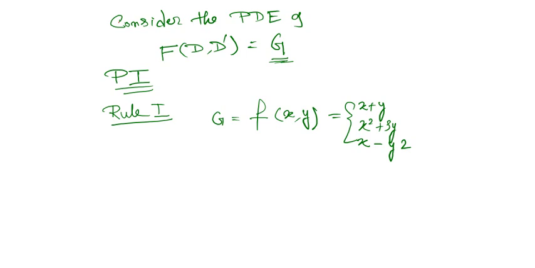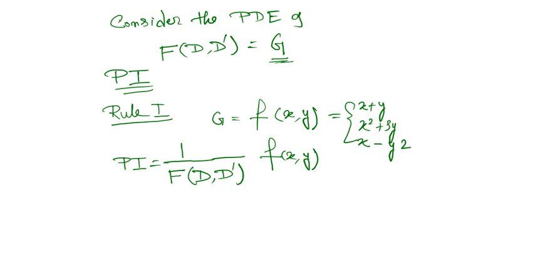So whenever this kind of expression appears on the right hand side, then the common rule is you have to write your PI as 1 by whatever the equation is given to you, that is f of D comma D dash, this way.